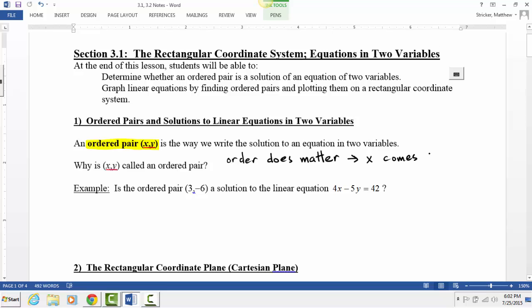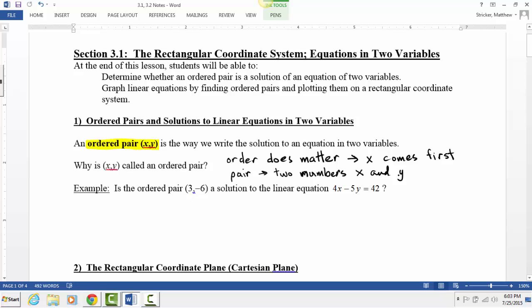X comes before y does. So you'll notice when it's written there, x comma y, the x number is always the first number, and then second is the y number. And then of course the word pair is there because there's two numbers. There's x and y.